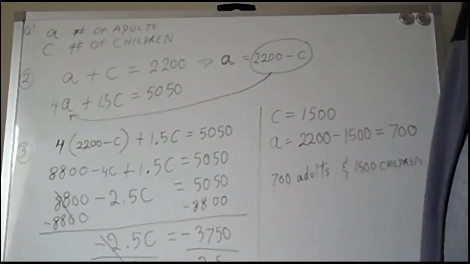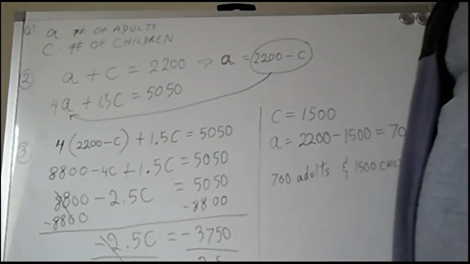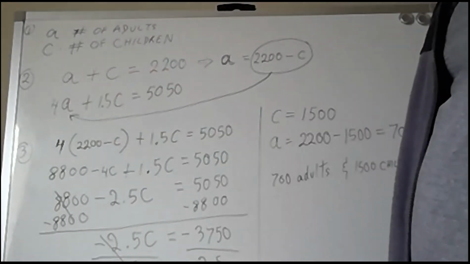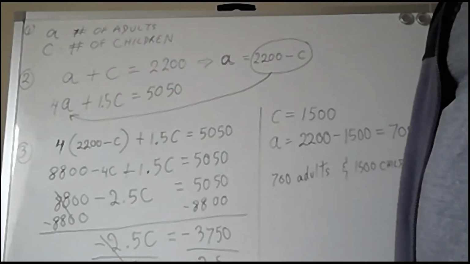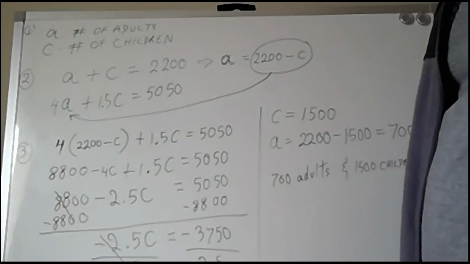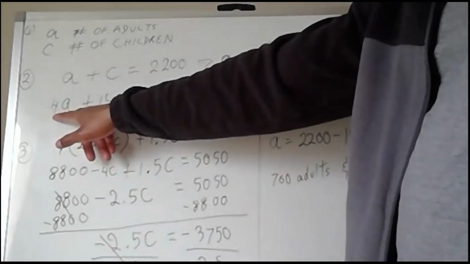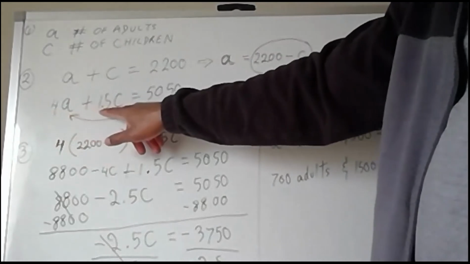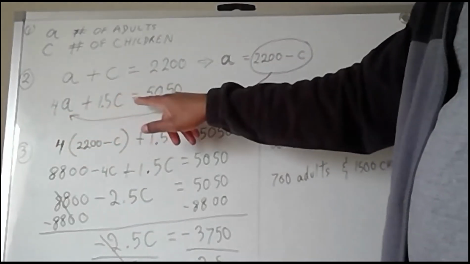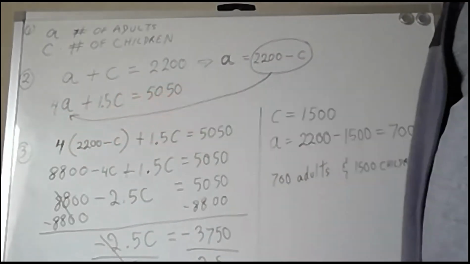And then we also said that, since we know the fee for each adult and each child, and we know the total amount collected, then we can write another equation, and that's $4 times the number of adults plus $1.50 times number of children is equal to $5,050.